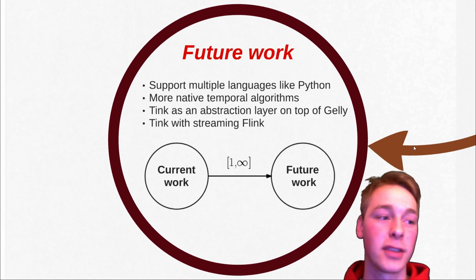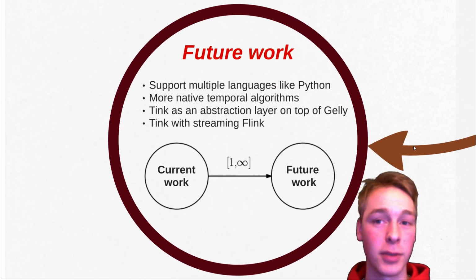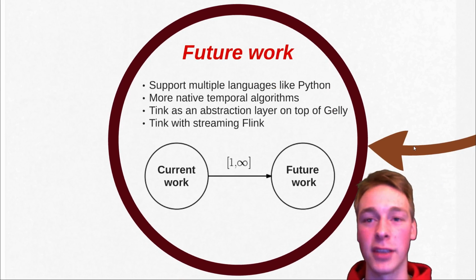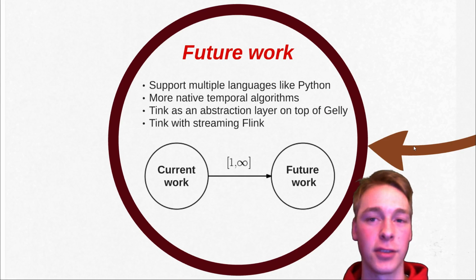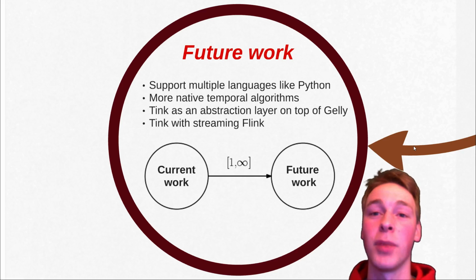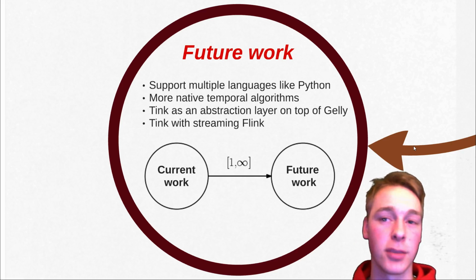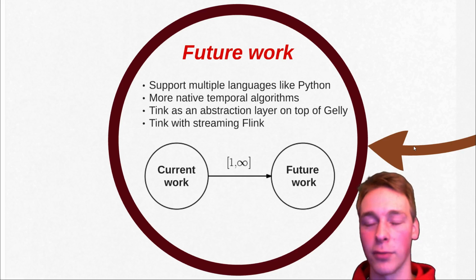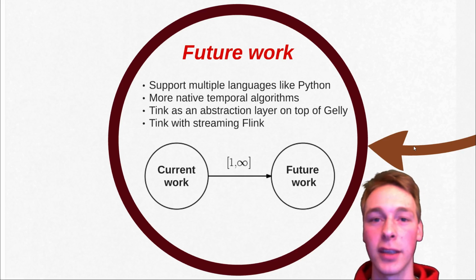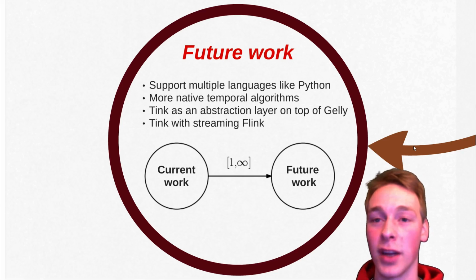Of course, there's also future work to be done. One of the things that can still be done in Tink is support for multiple languages. Currently, Flink is supported in both Python and Java, and Tink is only supported in Java. Python is a great language if you just want to do fast data analytics, which would be a great addition for Tink as well.